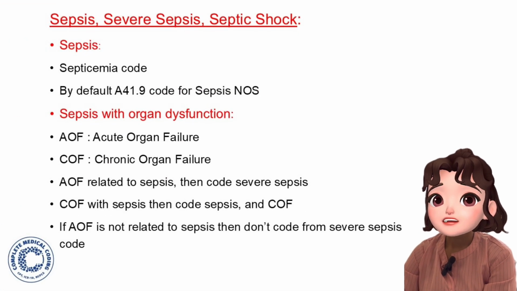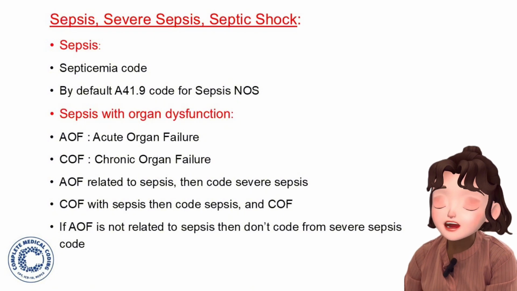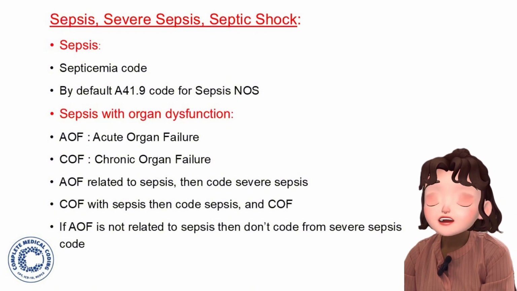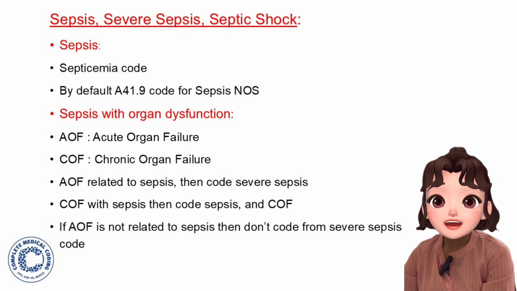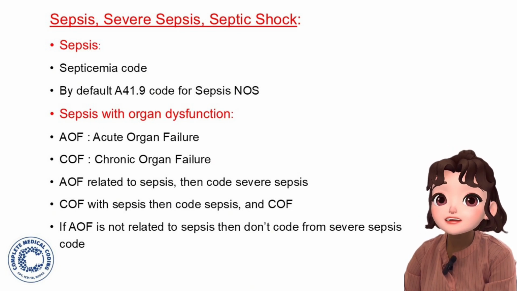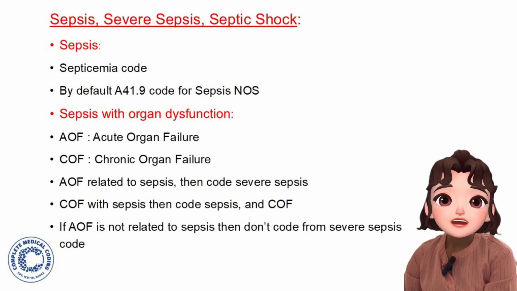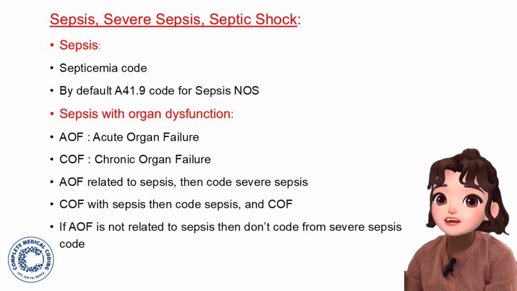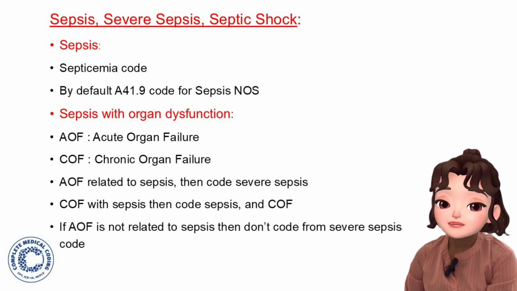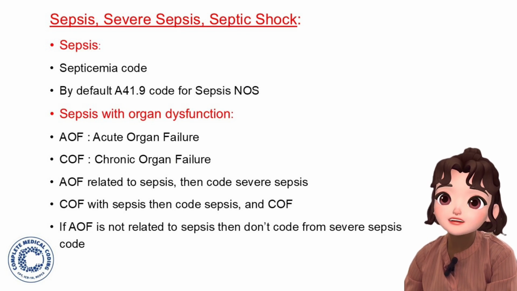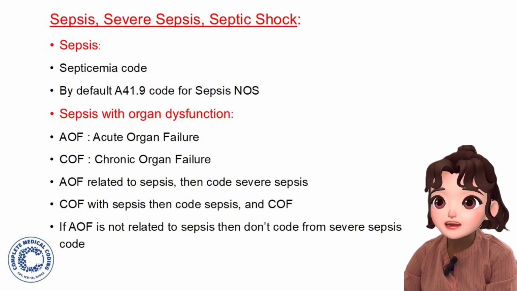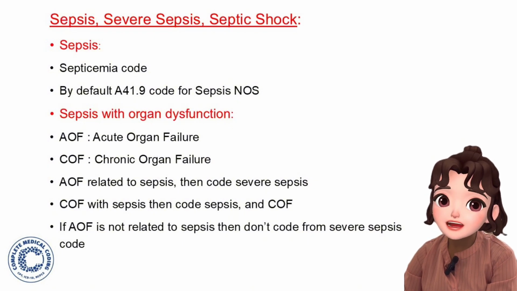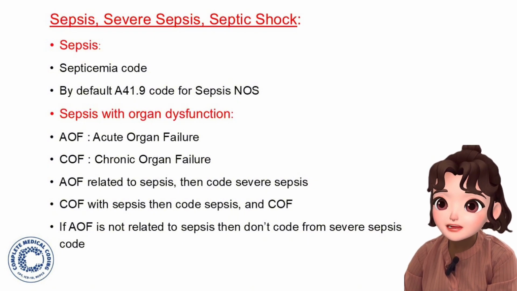Now let's see the correct order of how the sequencing has to be carried out under sepsis, severe sepsis, and septic shock. If it is sepsis, first you have to code the septicemia code, the organism code. If there is no organism specified, by default you code A41.9, sepsis not otherwise specified.